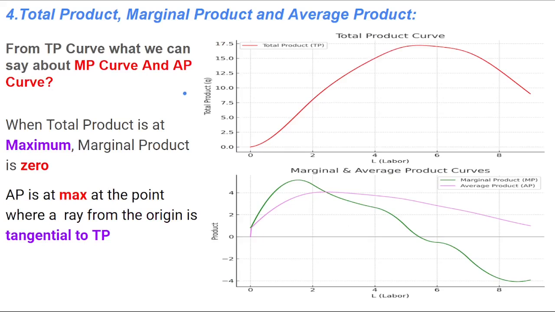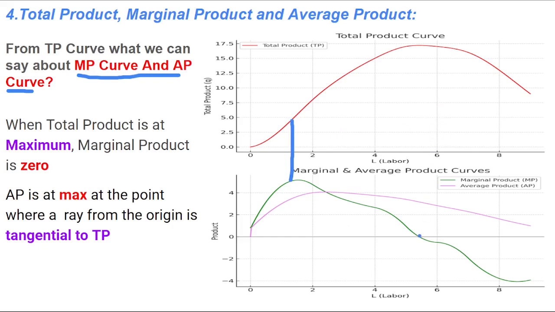Now we will see what we can say broadly about the MP curve and AP curve for the TP curve. So when our TP curve is at the point of inflection, our marginal product, or MP, is max.